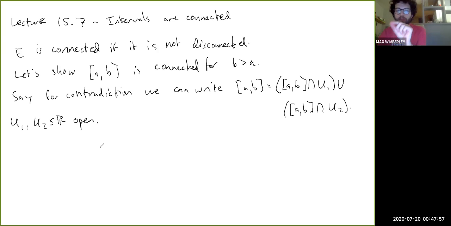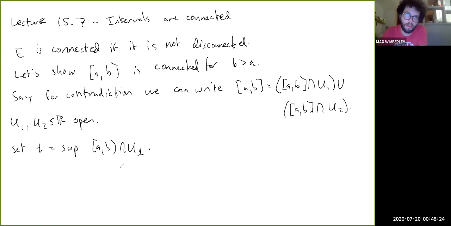If you remember the trick there to finding the place where the two sets had to be right next to each other, the trick was using the supremum. So set T to be the supremum of [a,b) intersect U1.